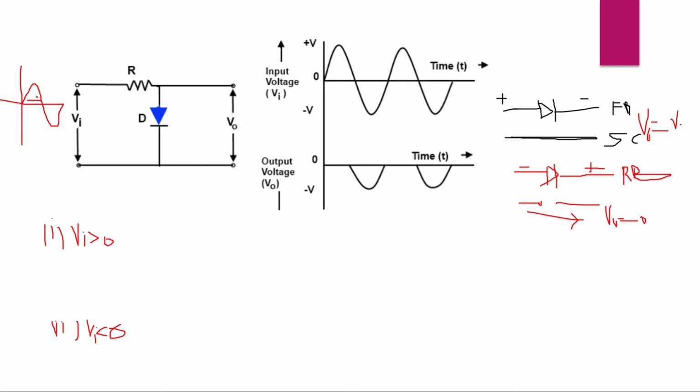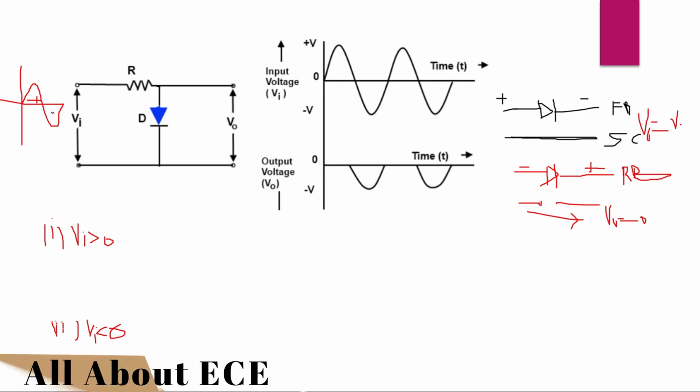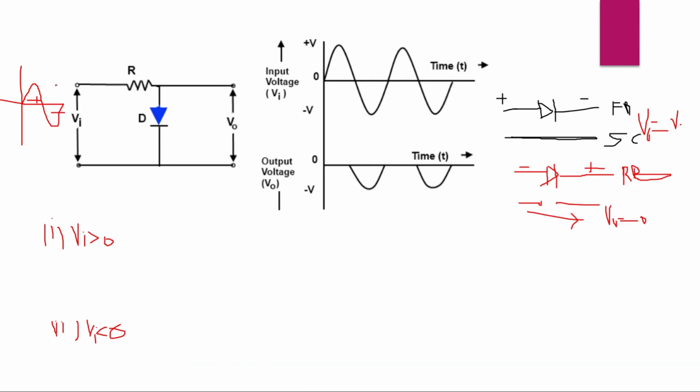This is plus 5 volts, this is minus 5 volts. When I transfer this input signal across this, this terminal will be positive and this terminal will be negative. It means this is the positive terminal and this is the negative terminal, so it is connected in forward bias mode. In such a case, it behaves like a short circuited path, right?